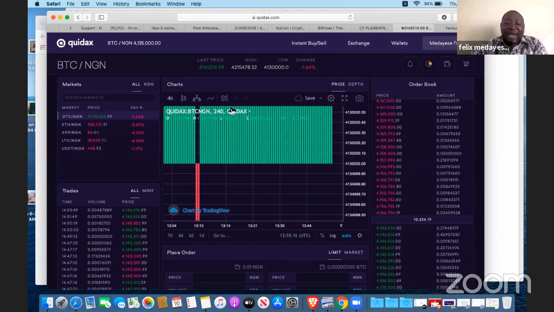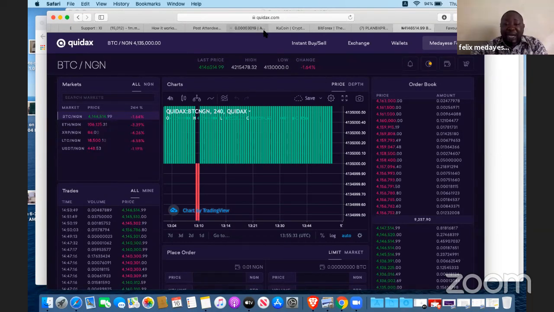So at that point, you don't just send money to Binance or Quidax. You decide after you have checked, you check left, check right. You come here, look at USDT to NGN is 448. BTC is 4,146,000 naira. No problem.